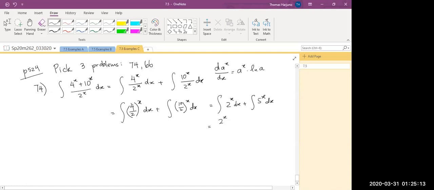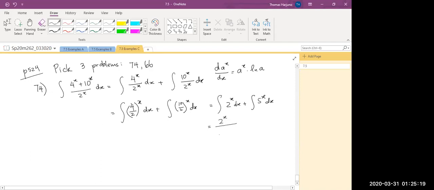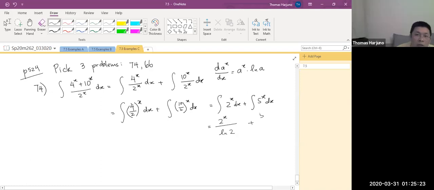Isn't it divided by ln of a? Yeah, if we integrate. Oh, right. Yeah, if we integrate, that's right. Okay. That's for number 74.